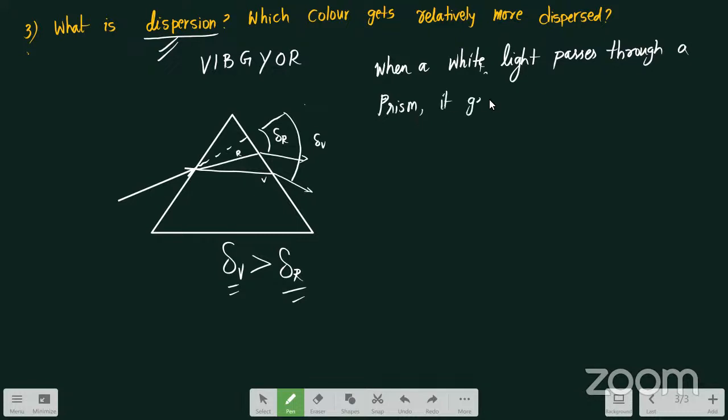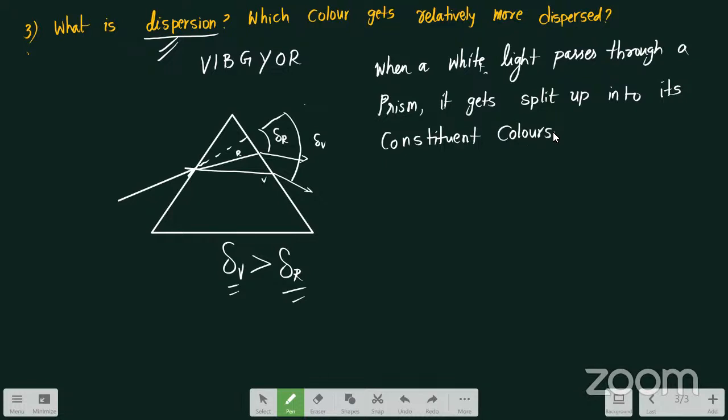It gets split up into how many colors? 7 colors, into its constituent colors. So what are those constituent colors? That is nothing but VIBGYOR.